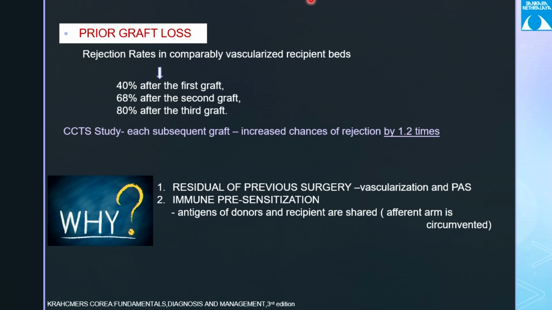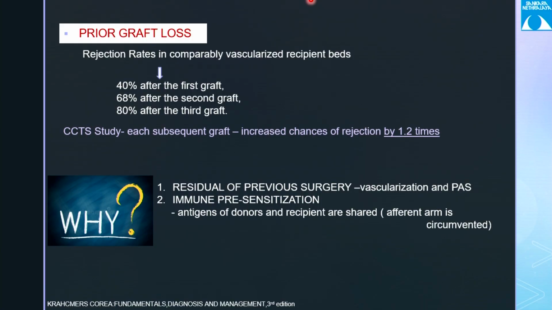Prior graft loss: rejection rates in comparably vascularized recipient beds showed 40% rejection after the first graft, 68% after the second, and 80% after the third graft. So this is important because when you counsel a patient for graft, you will tell them that with every graft I do, there are more chances of you losing the cornea.